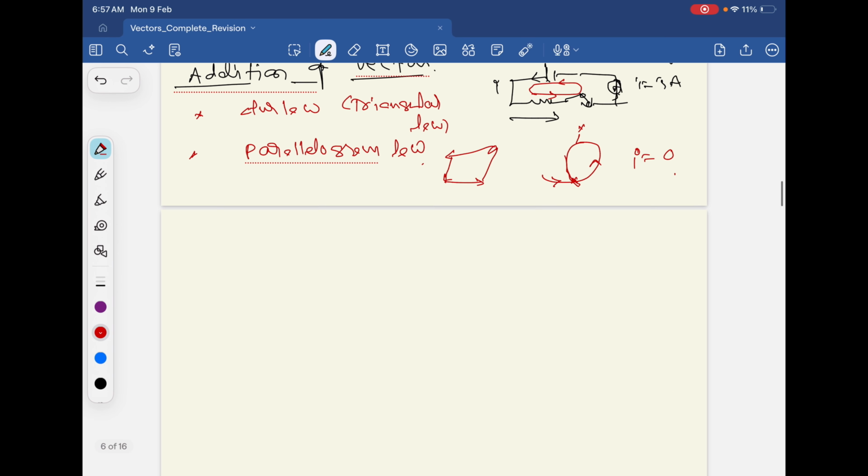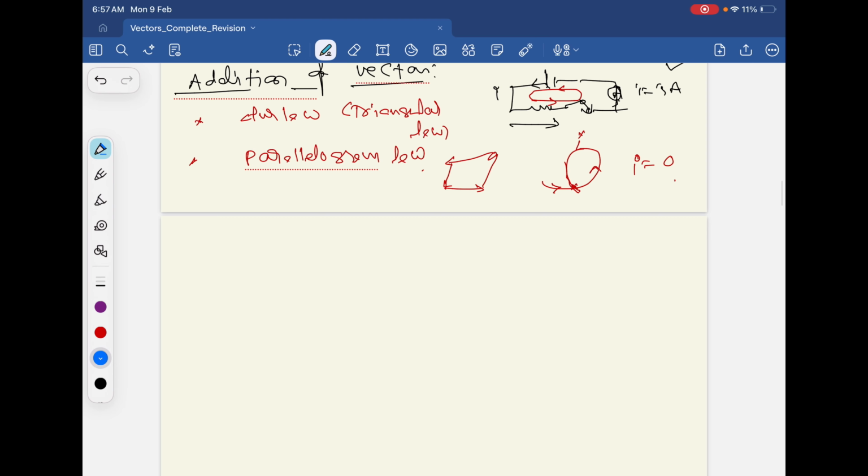Whenever you want to add two vectors according to the triangular law, you represent them like this. For example, one vector is A bar, another vector is B bar. You just draw these vectors such that the tail of one coincides with the head of the other to form a triangle, without changing magnitude and direction.